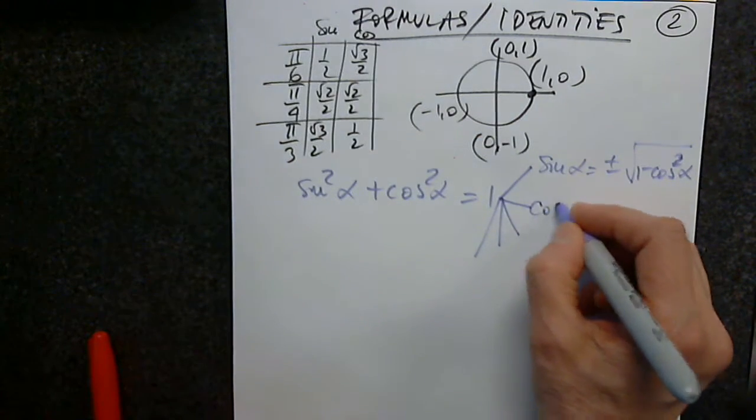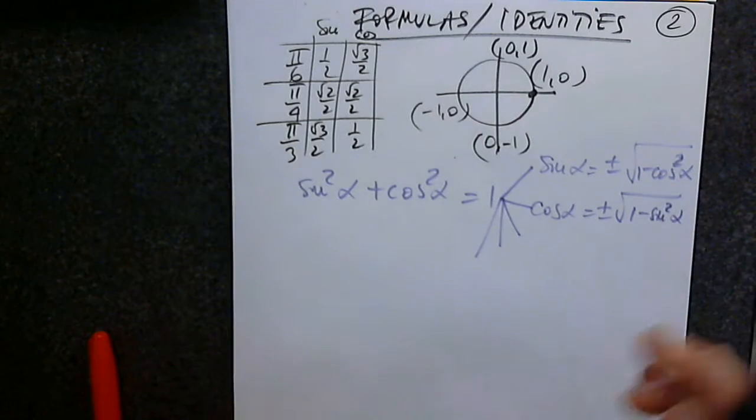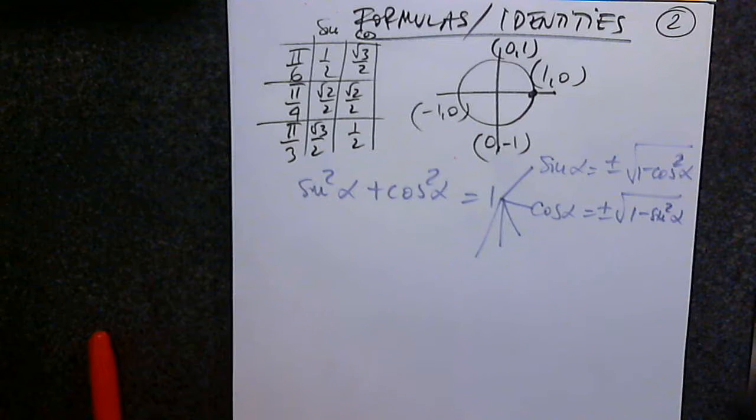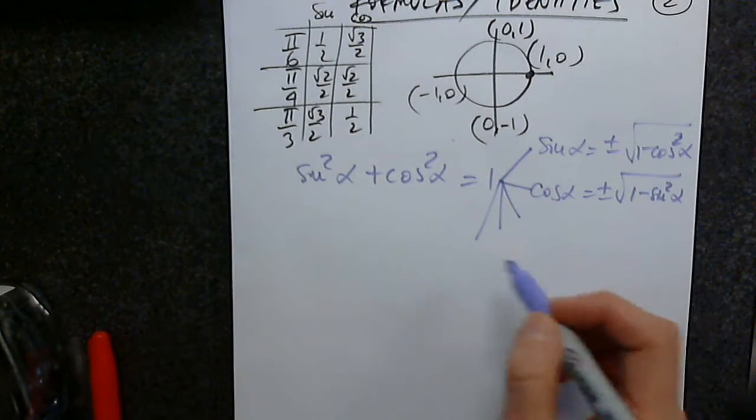The other one is cosine alpha equals plus or minus the square root of 1 minus sine squared alpha. And we know how we get these, right? We solve for sine squared and we take the square root from both sides. Right? Okay, then we have 2 more actually, not 3, I'm sorry.